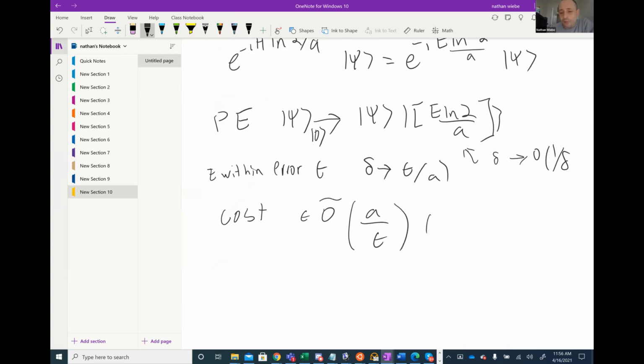And I should say also, assuming that you want constant success probability of, say, 2/3. So that is how the cost ends up scaling. It goes like this constant A, which is the sum of the Hamiltonian coefficients, divided by the error tolerance that you want to hit. And it turns out that up to logarithmic factors, this is optimal.